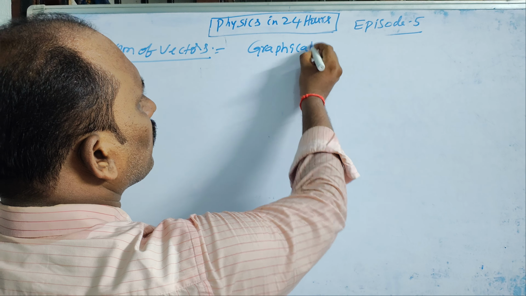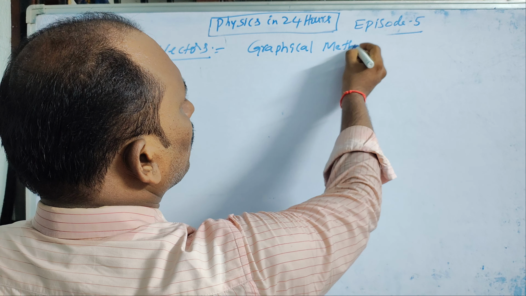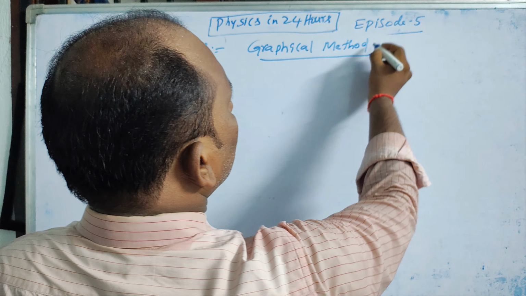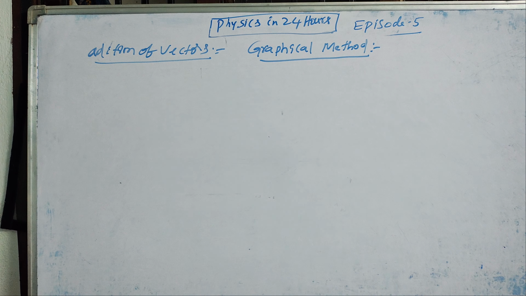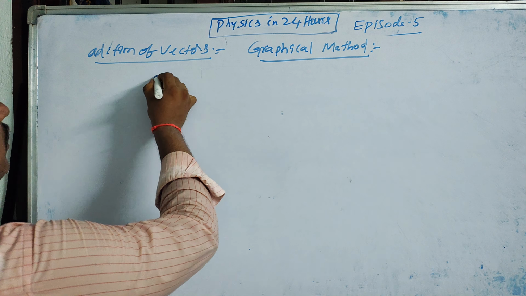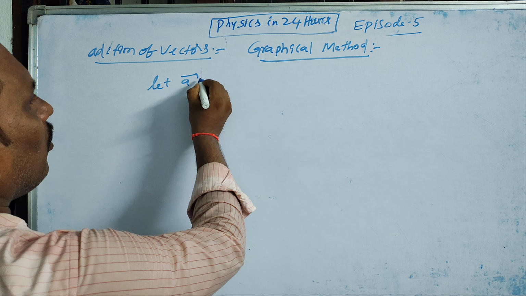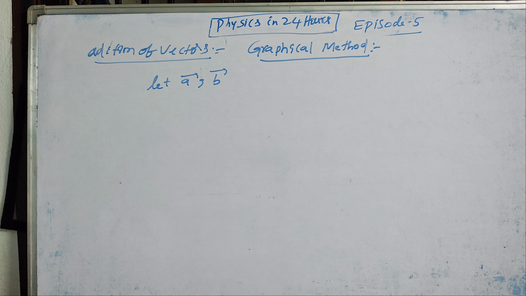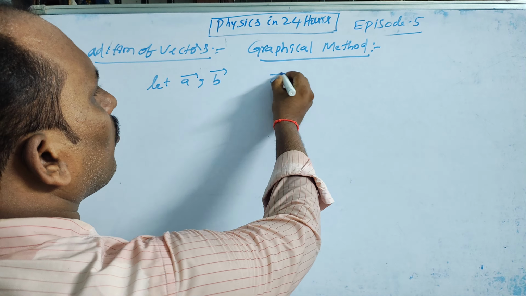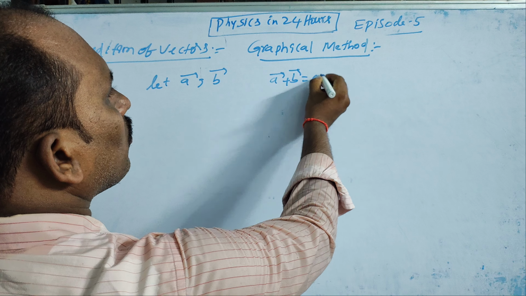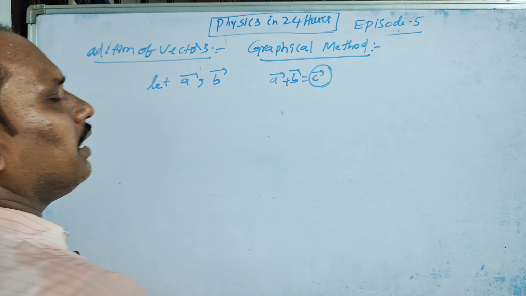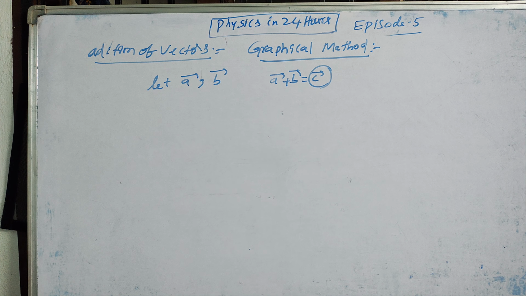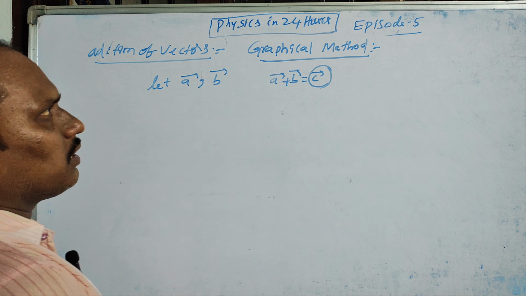So I go with the graphical method. How can we add two vectors? This is very important. So let's say A bar, B bar are two vectors with me. I want to evaluate A bar plus B bar is equal to C bar. So this is the resultant. The resultant is C bar. So how to add two vectors in a graphical manner?